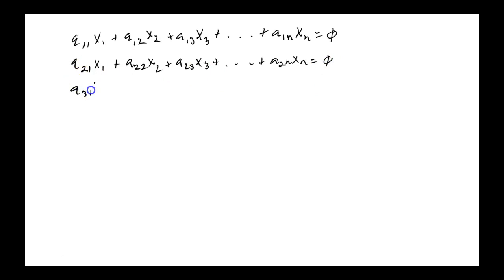A sub 31 x sub 1 plus A sub 32 x sub 2 plus A sub 33 x sub 3 plus dot dot dot plus A sub 3n x sub n equals 0. Get the idea. Everything's equal to 0.